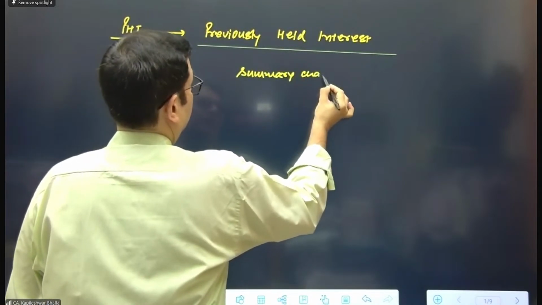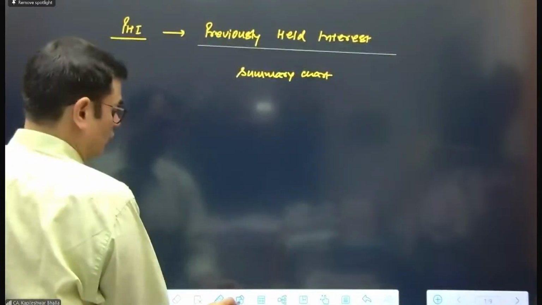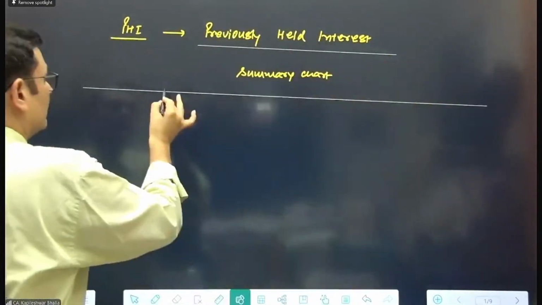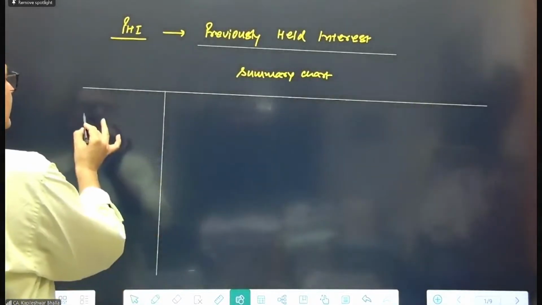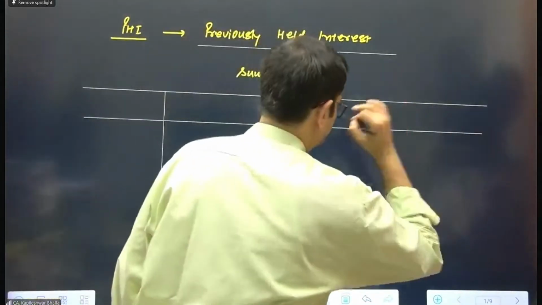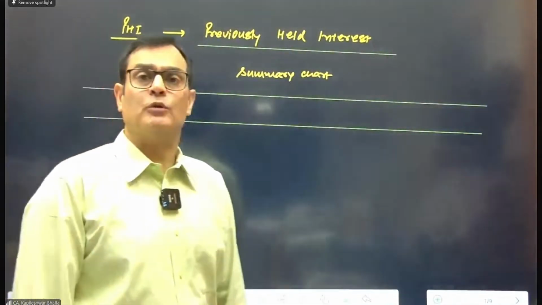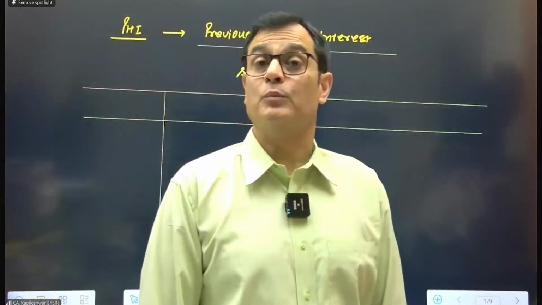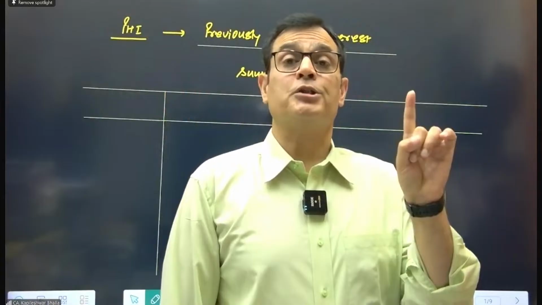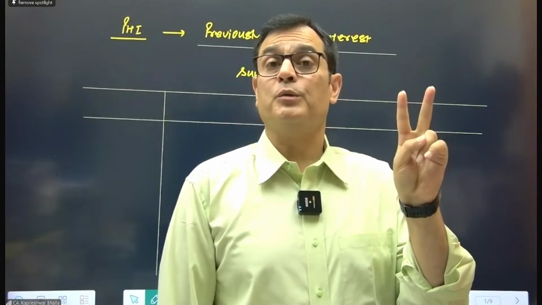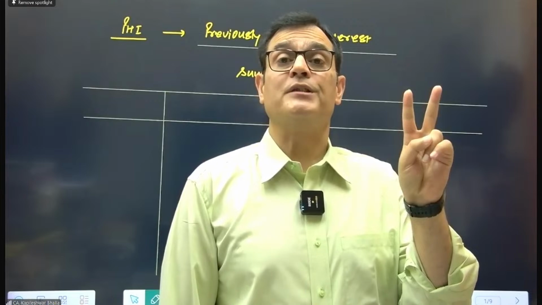In this particular case, we can say two combinations could occur. One is a conversion of a passive investor into a control situation. Mind the words: a conversion of a passive investor into control, or a conversion of significant influence into control.